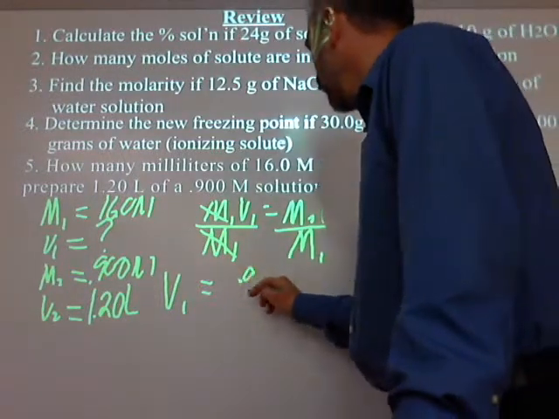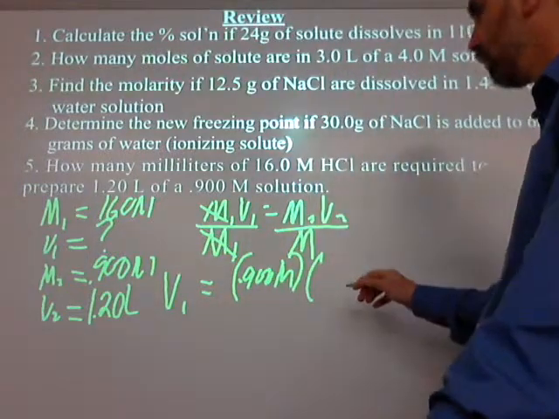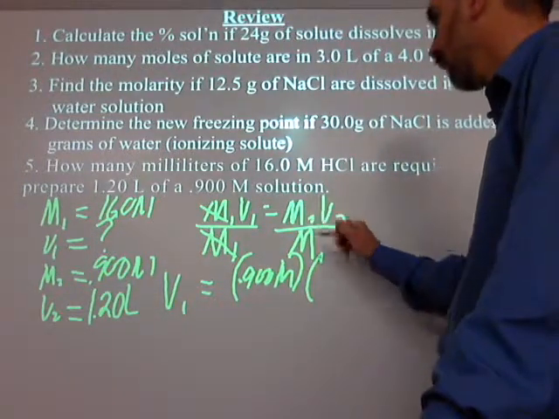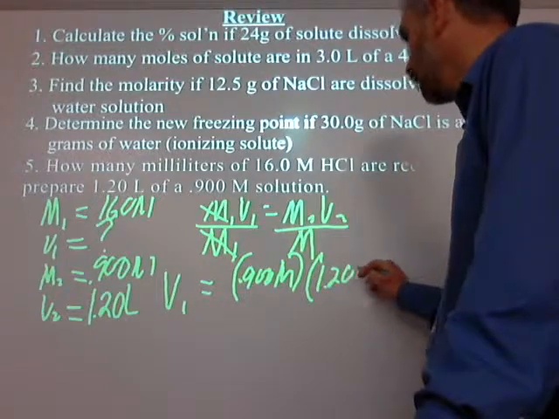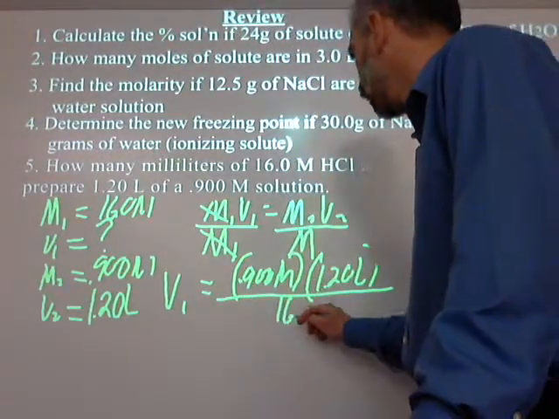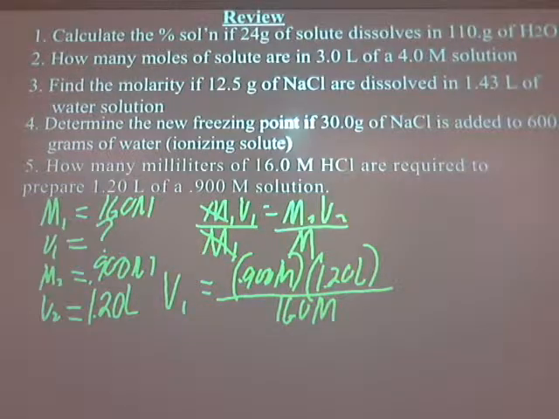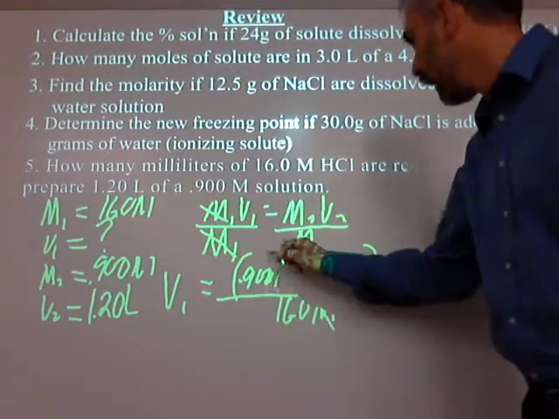M2 is 0.900 molar, and V2 is 1.20 liters, over M1, which is 16.0 molar. That look good, everybody? Molar cancels, leaves you with liters.